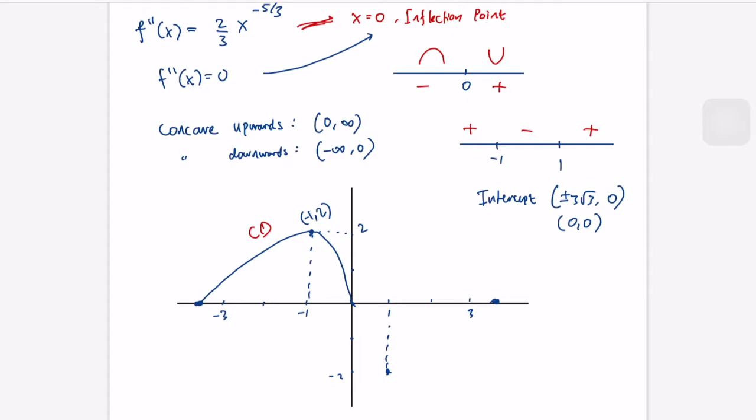Let me draw first. And then going down like that, and going up. I hope it is clear to see the maximum and minimum. So this will be the max and min, and this will be the inflection point.